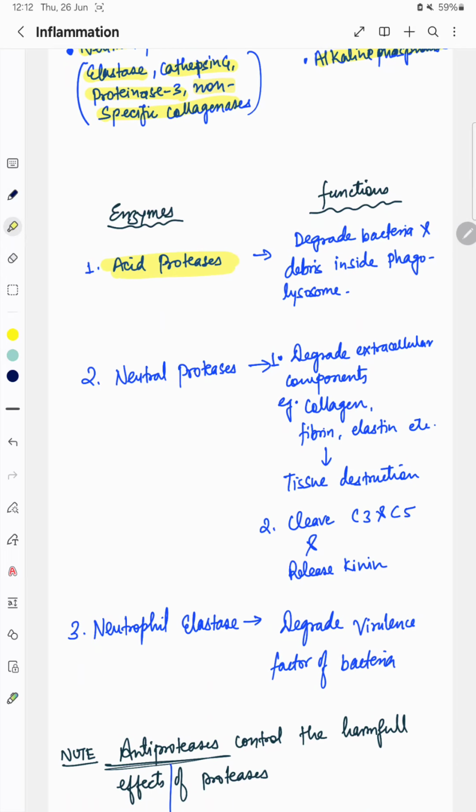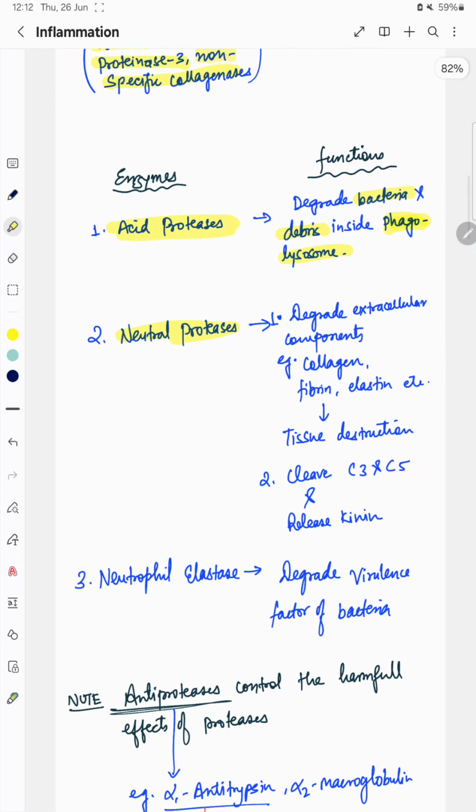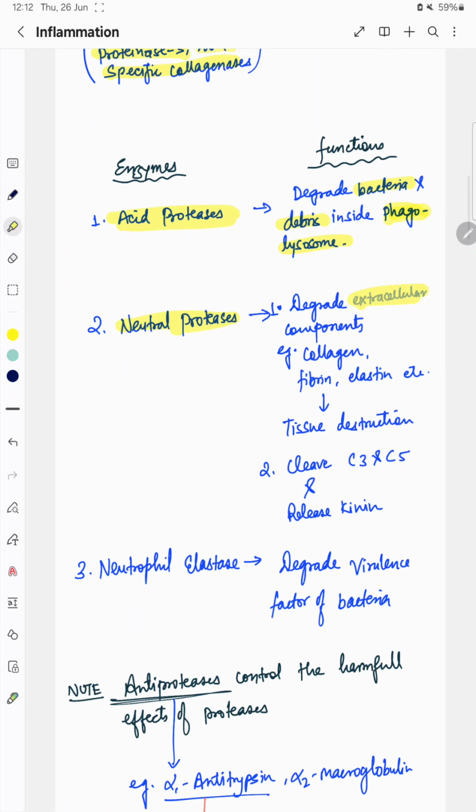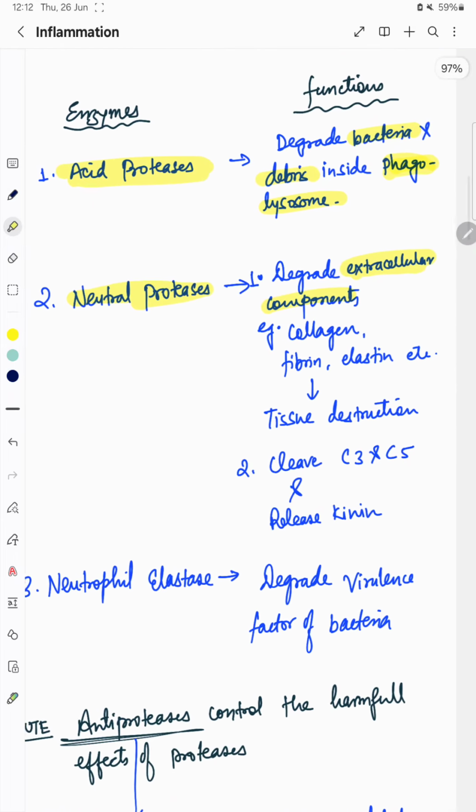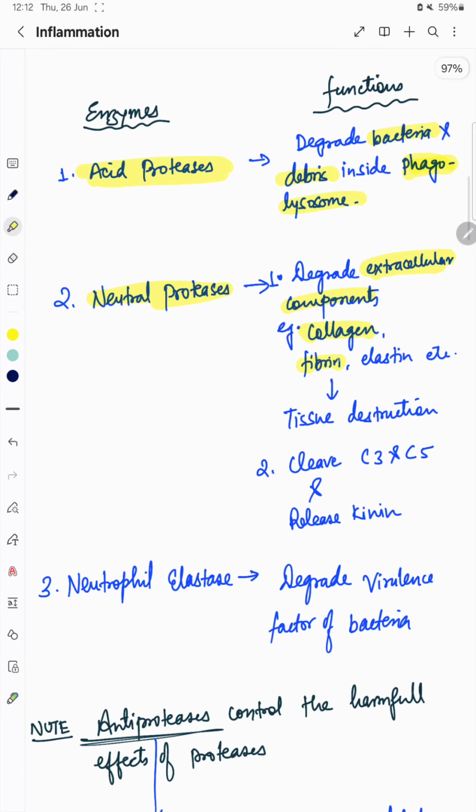Acid proteases are responsible for the degradation of bacteria and debris inside the phagolysosome. Neutral proteases are responsible for the degradation of extracellular components like collagen, fibrin, elastin, etc., and they are responsible for tissue destruction.